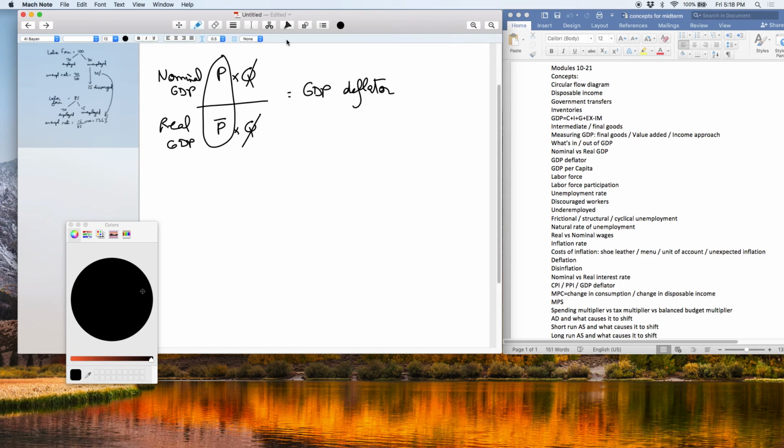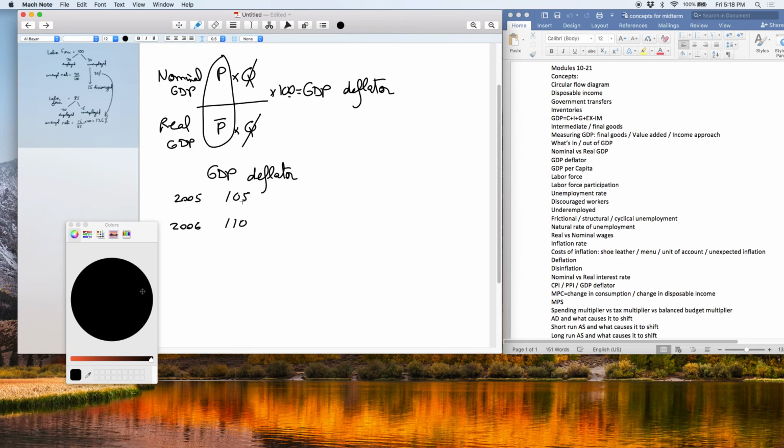calculate inflation. So for example, if I have the GDP deflator in one year, by the way, it's nominal divided by real times 100. So let's say the GDP deflator in the year 2005 is 105, and in 2006 it's 110.